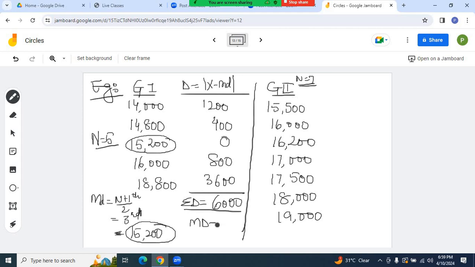Mean deviation will be summation d upon n. It will be 6,000 upon n, n is 5. It will be 1200.